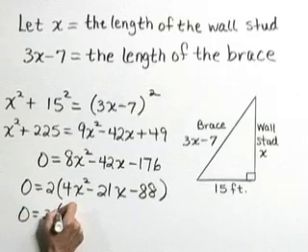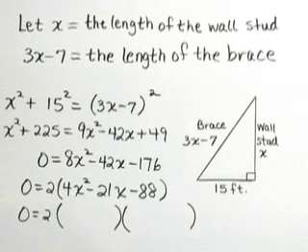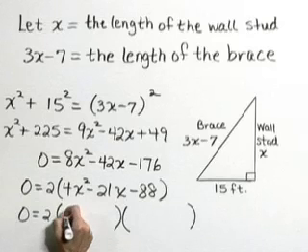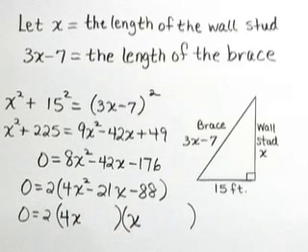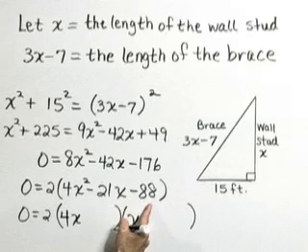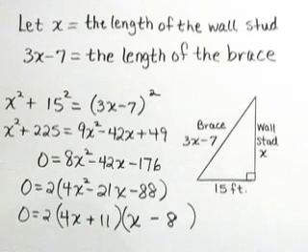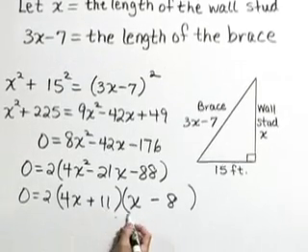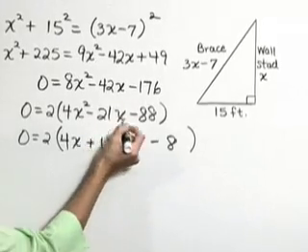Continuing to factor then, if this trinomial factors, it will factor as 2 binomials. Let's use leading terms, 4x and x. Now factors of negative 88 that will make this work are a plus 11 and a minus 8. Quickly checking our inner and outer products, 11x plus a negative 32x does give a negative 21x.